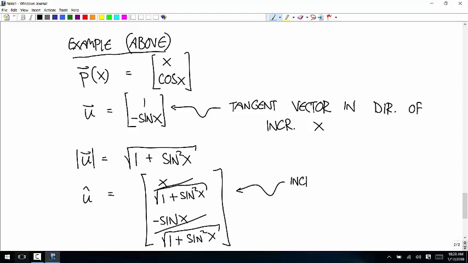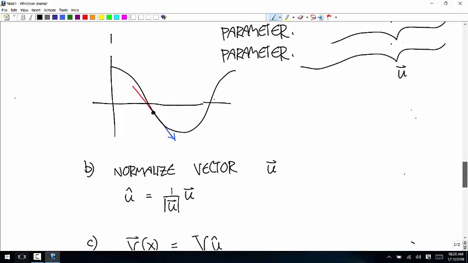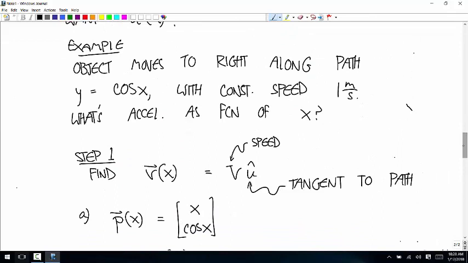This is increasing x, so now we have to ask, is this thing moving in the direction of increasing x or decreasing x? And it says it in the problem. It's moving to the right.